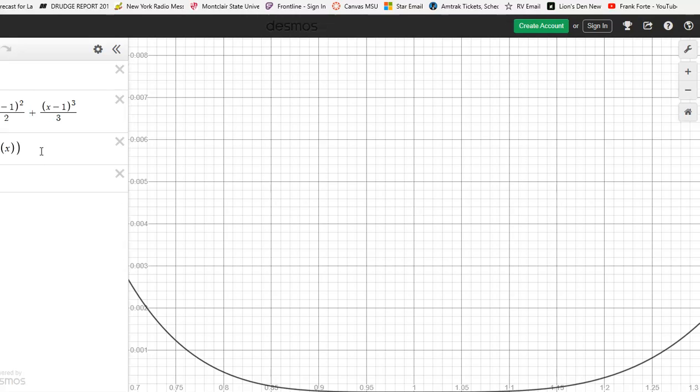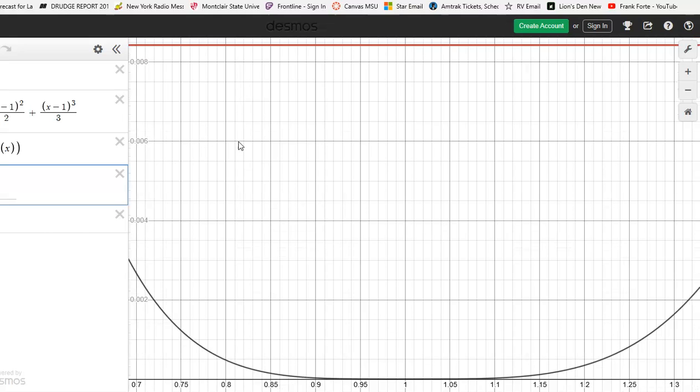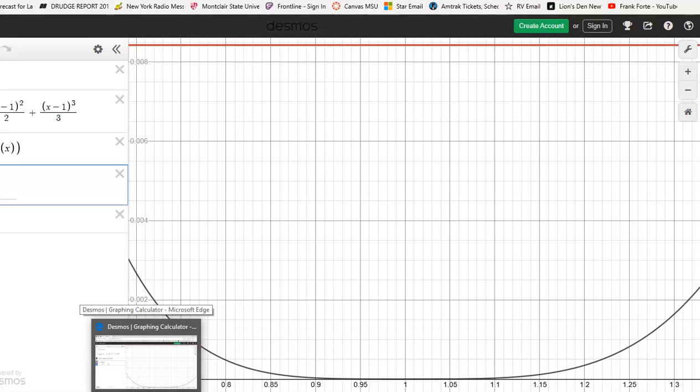It's clearly not up on the top. That top line is the error that we came out with from the Lagrange form of the error bound. That is way above the actual error for this natural log function. And the fact that I was putting in a value on the bottom that was a fraction, raising it to the fourth power, I ended up with a very large value at the beginning there. That's why the error is so off.